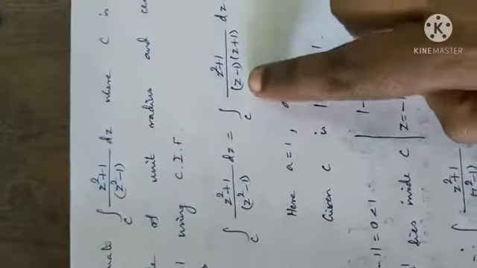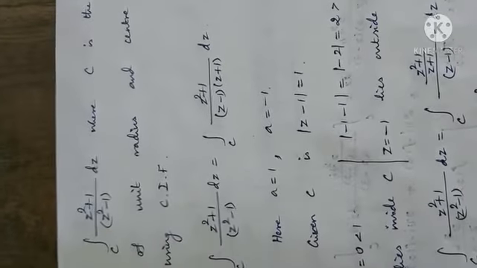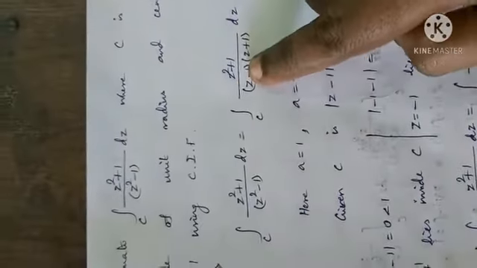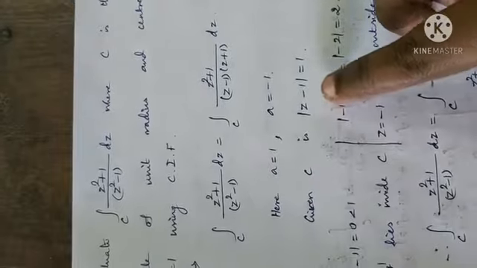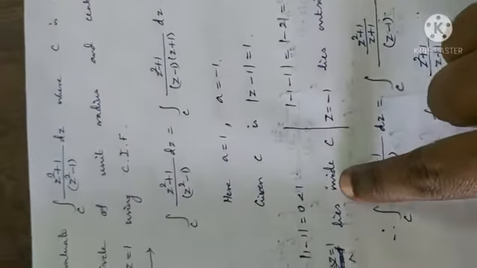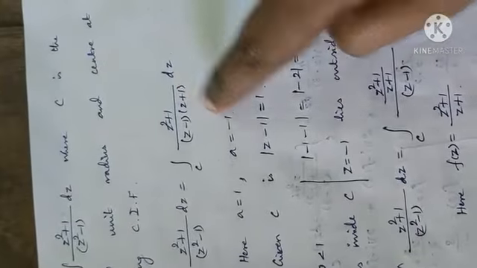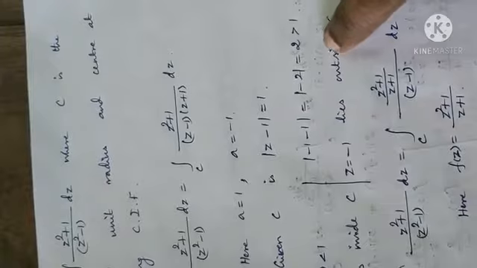Let us see. We have again z minus 1 into z plus 1. There are two terms in the denominator, product of terms in the denominator. Let us take a is 1, a is minus 1. Let us test whether they lie inside c or not. One lies inside c, other one lies outside c. So z equal to minus 1 lies outside c.